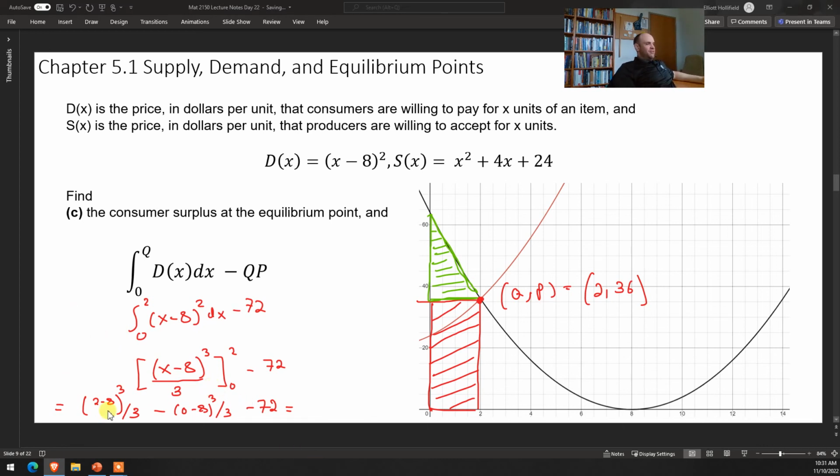Now let's simplify that. Here we will have minus 6 cubed. Six cubed is 216, over 3 is 72. Here we have a minus with the minus. Since this is cubed, that minus will survive. So we have 8 cubed over 3.